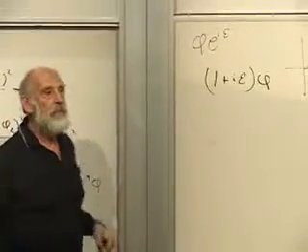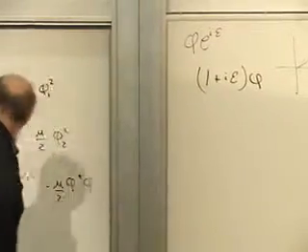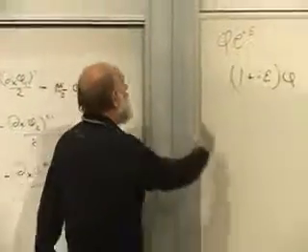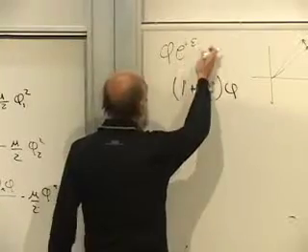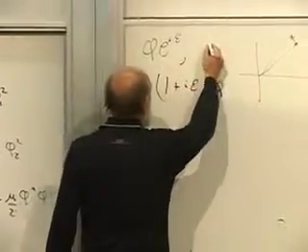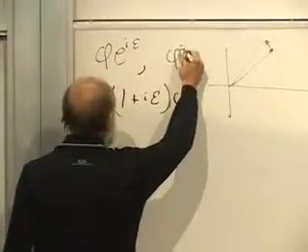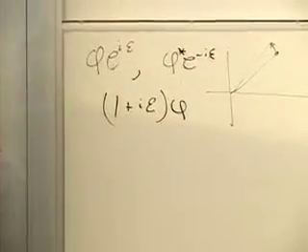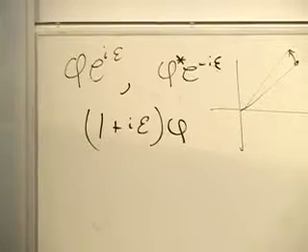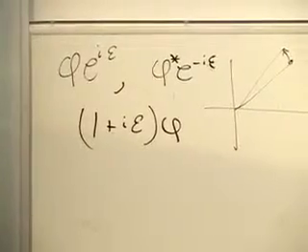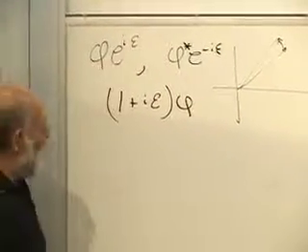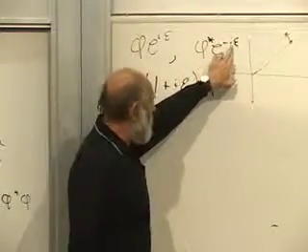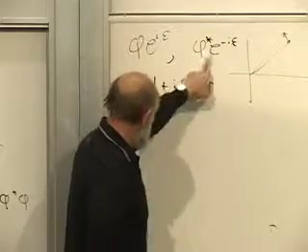That's because it changes phi star, say it again? Phi star e to the minus i. Yeah, exactly. If you multiply phi by e to the i epsilon, then you must multiply phi star by e to the minus i epsilon. So if you change phi by a factor e to the plus i epsilon, you change phi star by a factor e to the minus i epsilon.